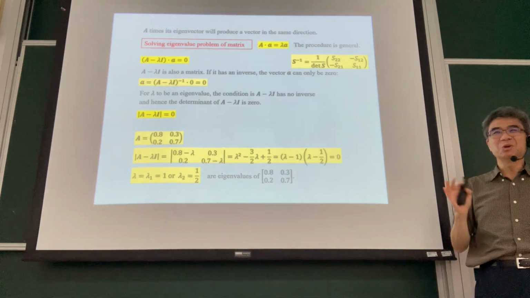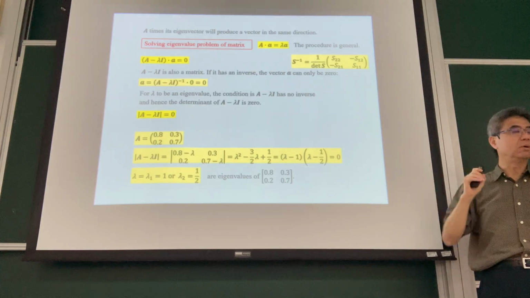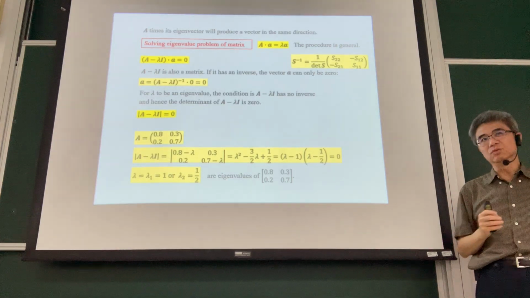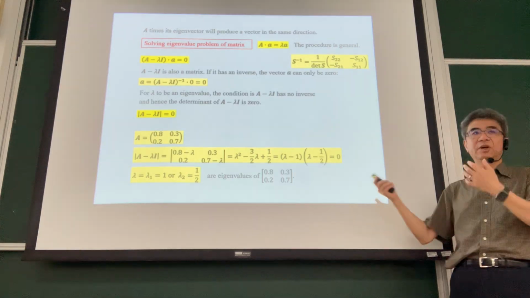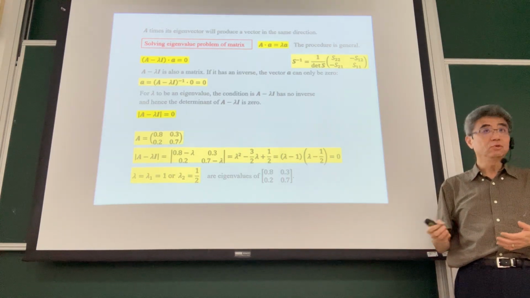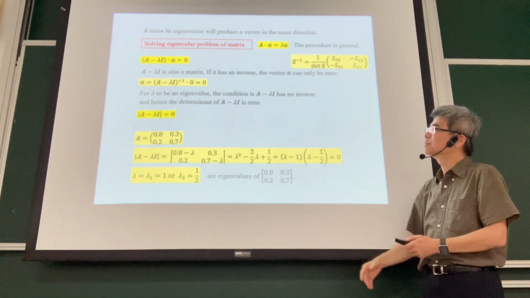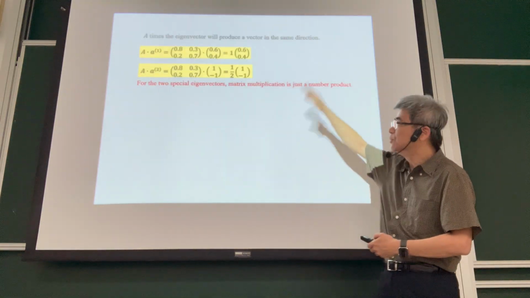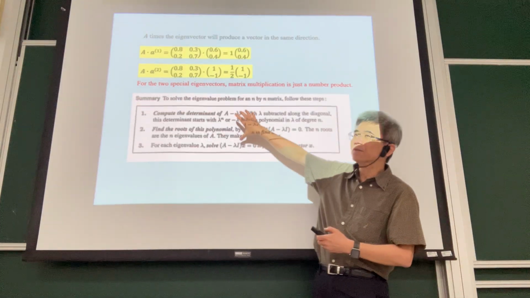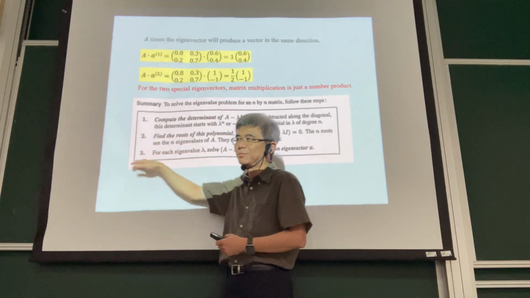Of course, nobody wants to do that. But in principle, if you need to do a 6 by 6 matrix eigenvalue problem, you can do it, right? You can just generalize the procedure. Here I have a very short step-by-step procedure: step 1, step 2, step 3.